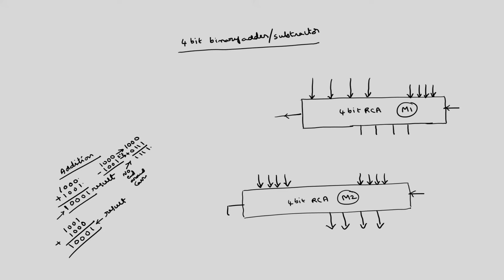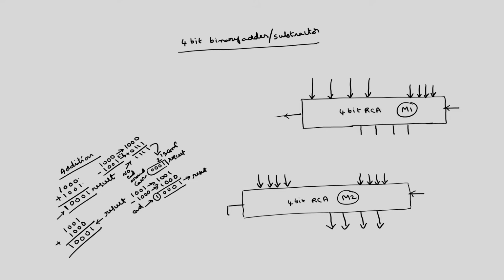You have to take the 2's complement again of this to get the final result, which is 0001. Whereas, if you want to perform 1001 minus 1000, you take this as it is, take the 2's complement of this, and add, then 10001, end around carry. So, this as it is is the result.